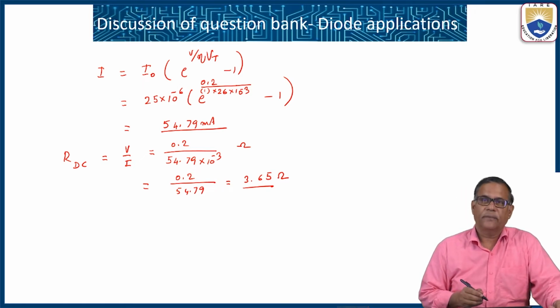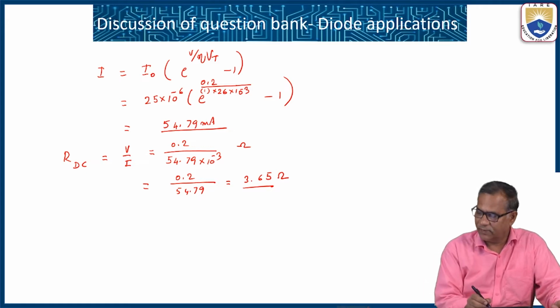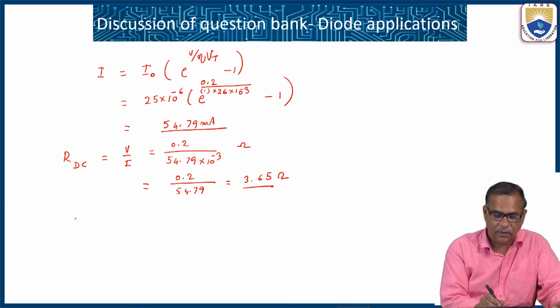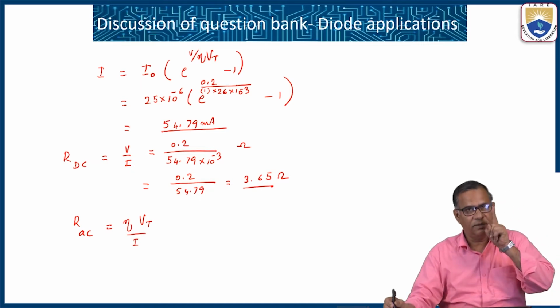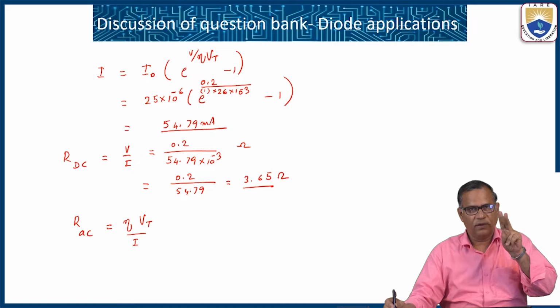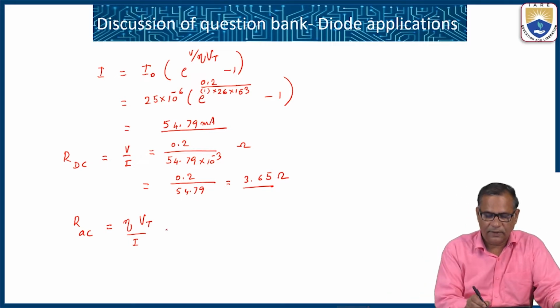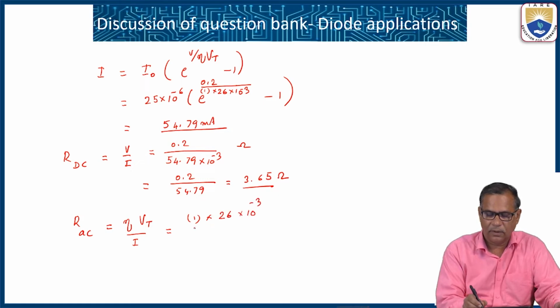Now the dynamic resistance is given by this formula. RAC is equal to eta Vt by I, and eta is equal to 1 for germanium, and it is 2 for silicon. So eta Vt is 1 into 26 millivolts, and I we have already calculated as 54.79 milliamperes.